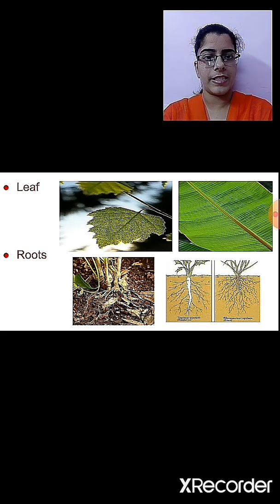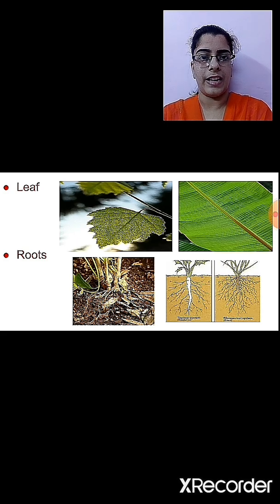Then we have studied about the transpiration process in the leaf. What is meant by the transpiration process? When the water appears on the leaf in the form of water vapors, this is known as transpiration. Then we have studied that the leaf contains starch in it.